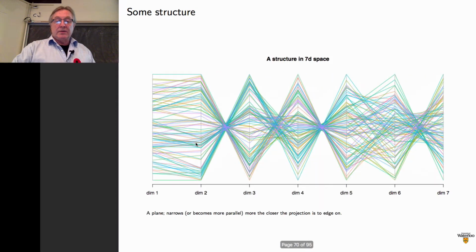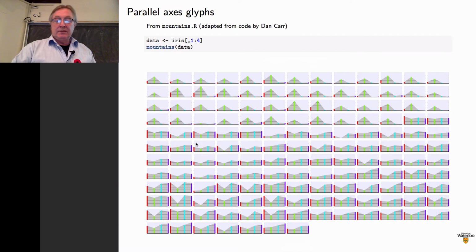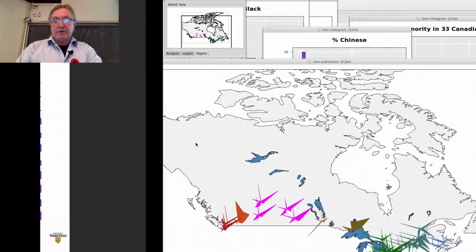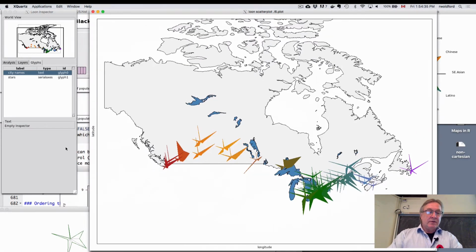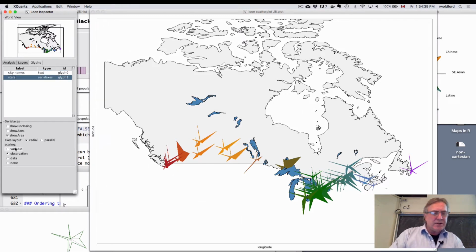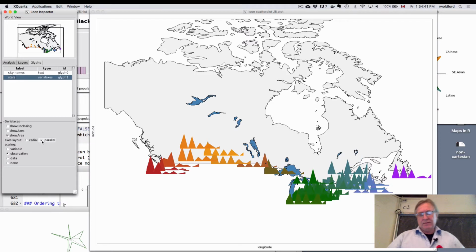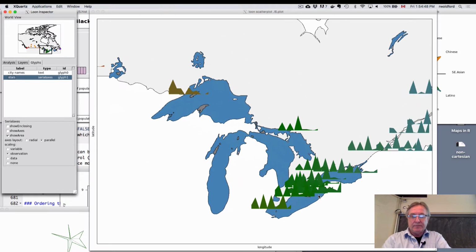Now, the thing is, what if the... I probably should just make that point. Of course, because the glyphs are here, I could change these to parallel. So we have the little mountains like we had with Dan Carr's data here.